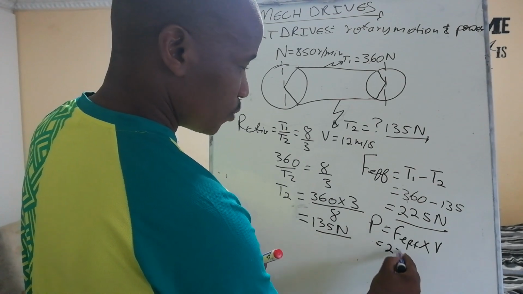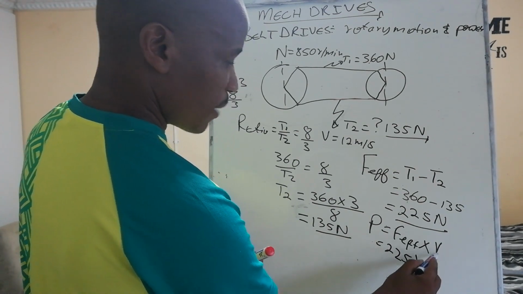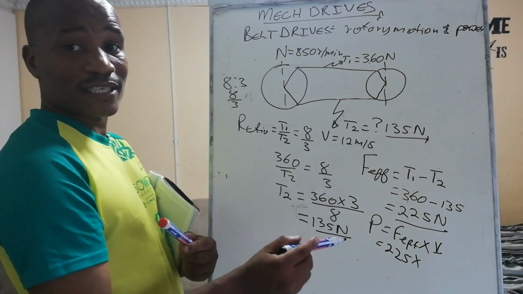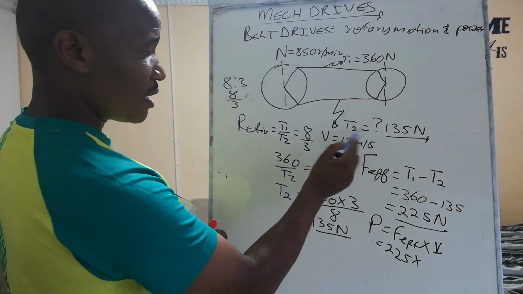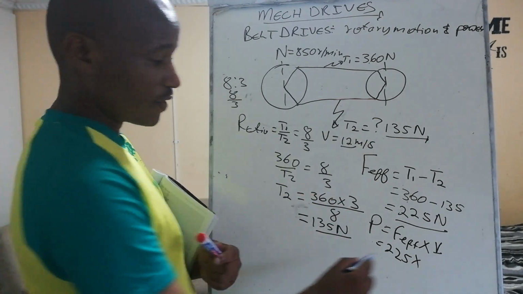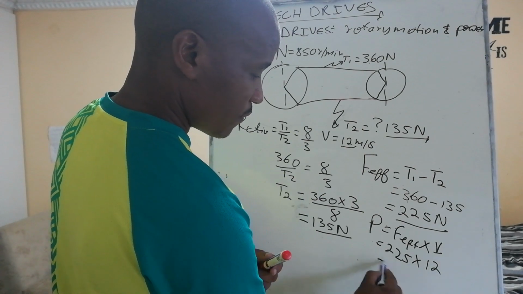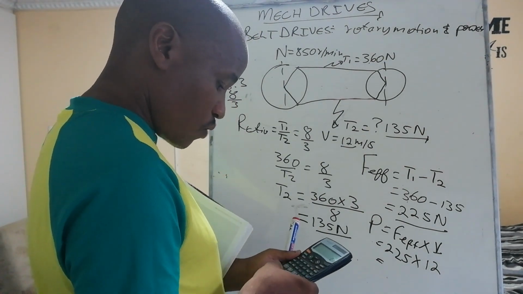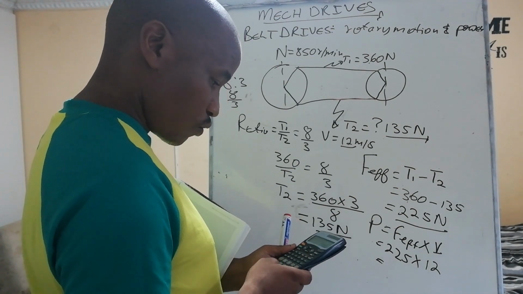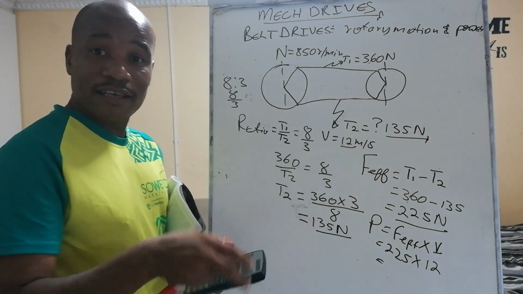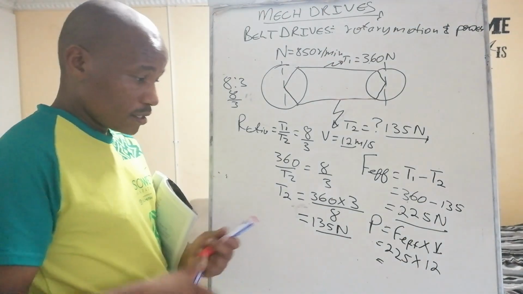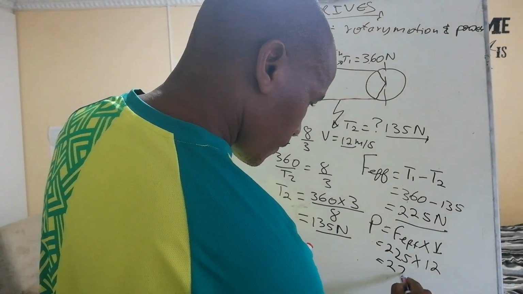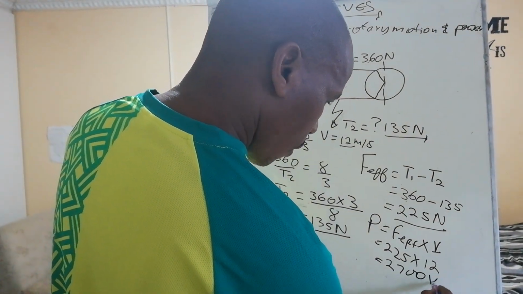This was a very easy question, actually, just for practice, because everything is given. 225 multiplied by 12 is 2700 watts.